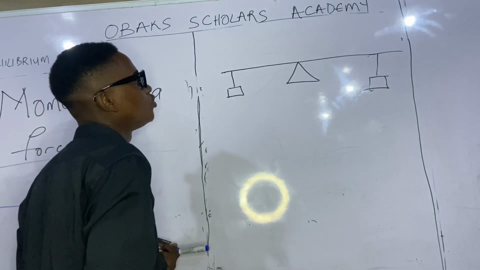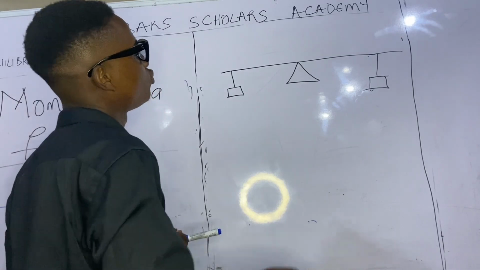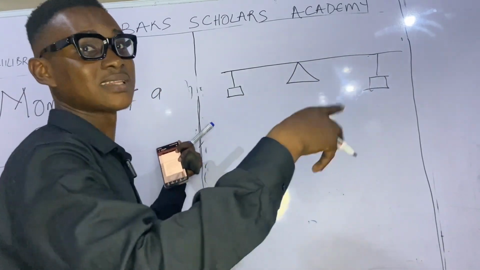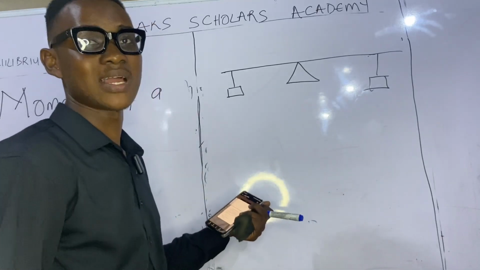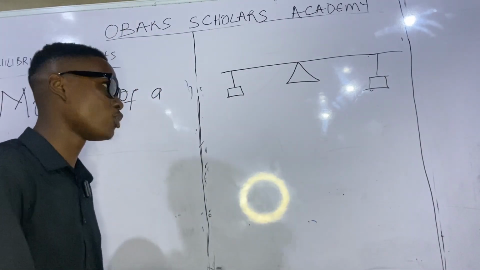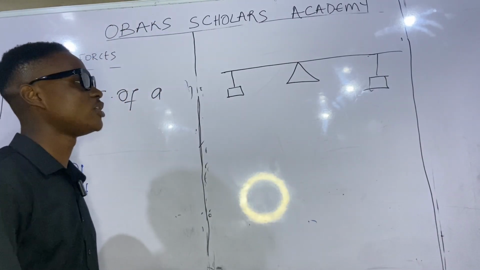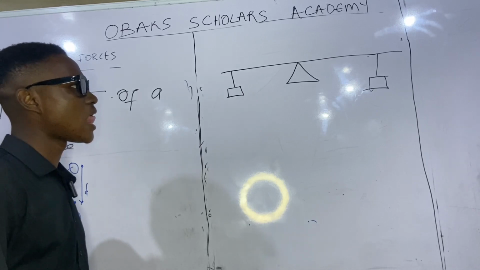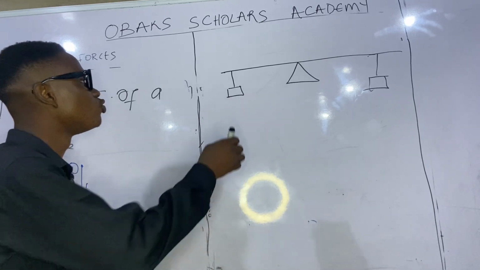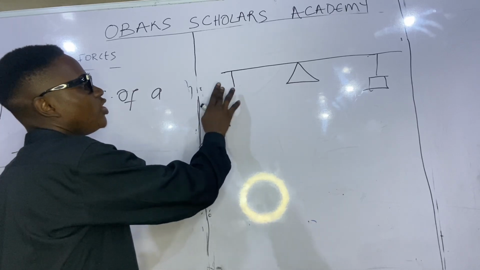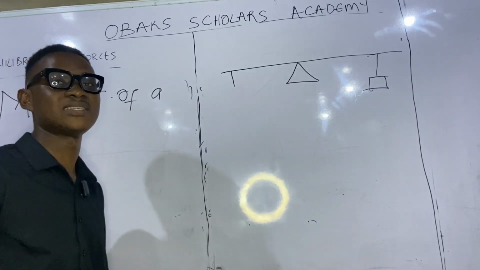So if you set up a ruler like this and you add two masses at certain distances from the equilibrium position, they will be at equilibrium, depending on how you arrange them. But if you remove one of them, they will not be at equilibrium.